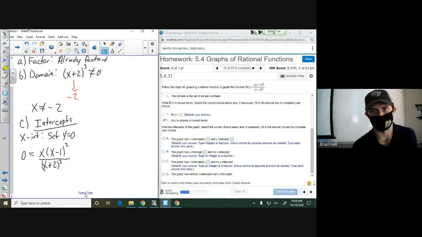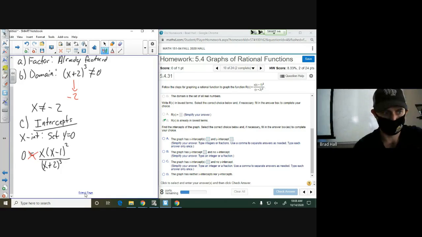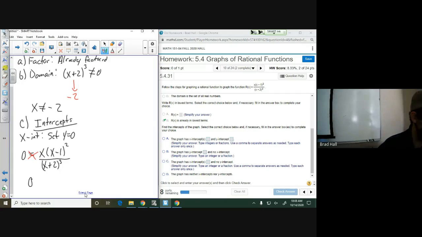Since this is a rational function, we can go ahead and cross multiply, which fortunately for us, when 0 is multiplying that denominator, everything zeroes out. So really we just get 0 is equal to x times (x - 1) squared.